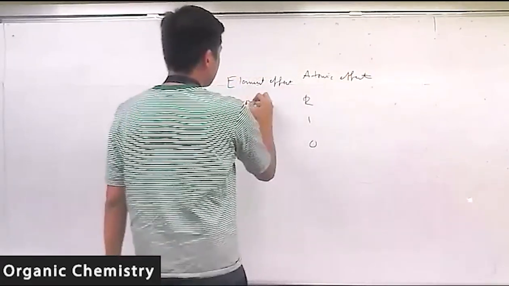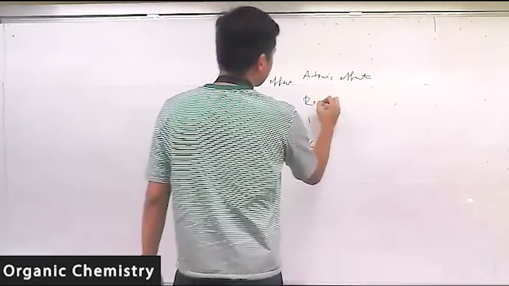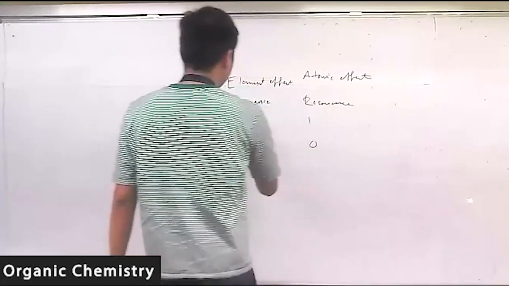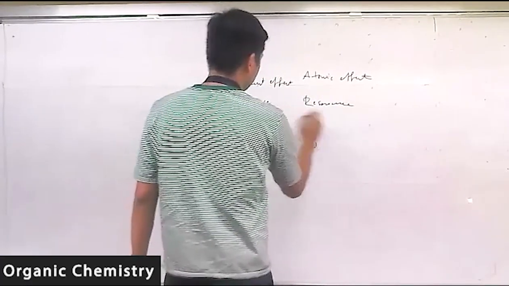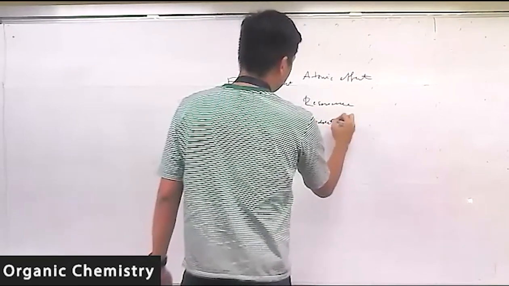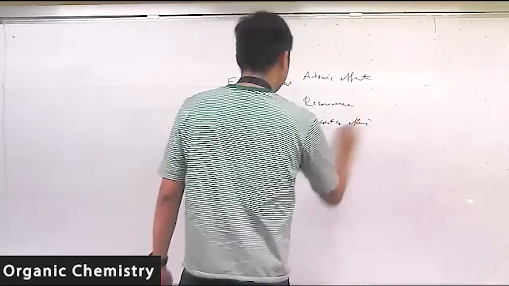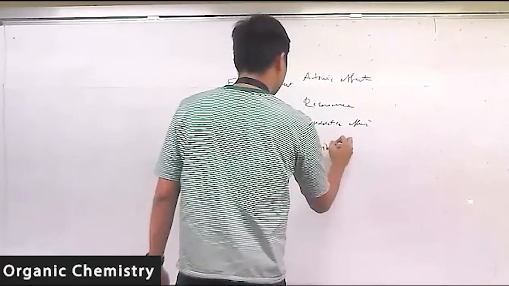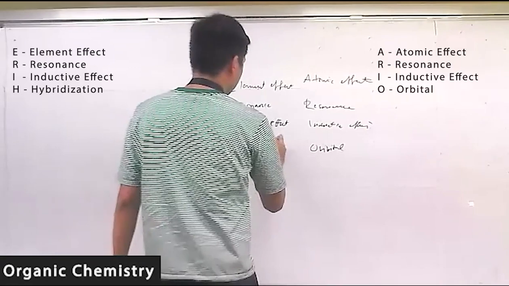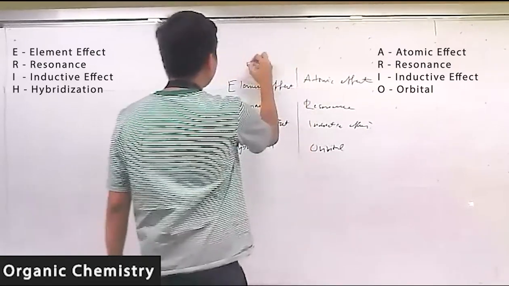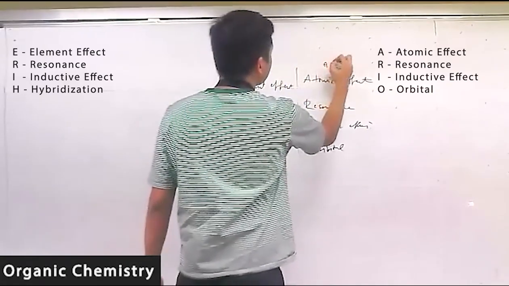R is resonance. I is inductive effect. Or O, you can use orbital, or another term, hybridization. So just remember this, ARI. You can use either ARI or ARIO.